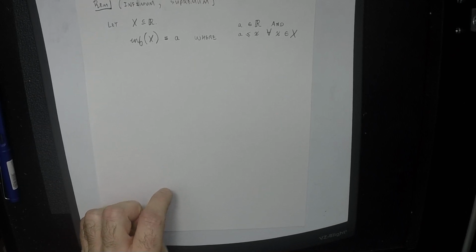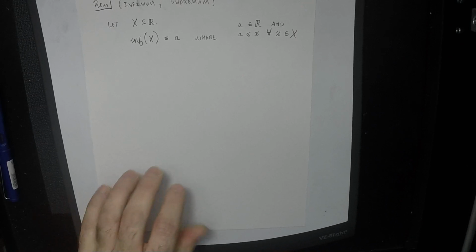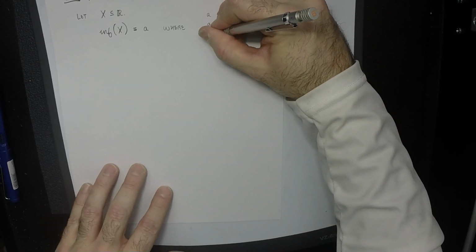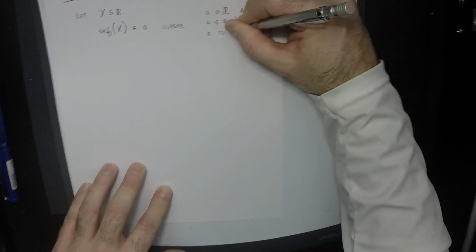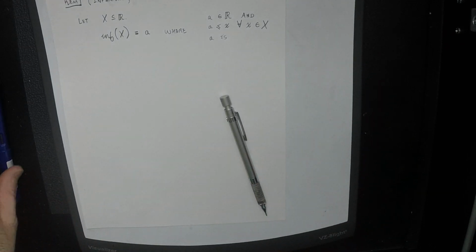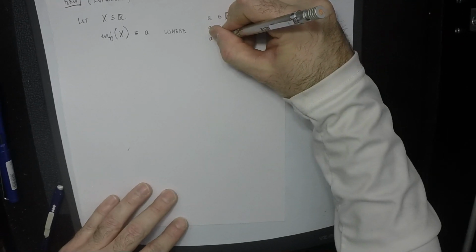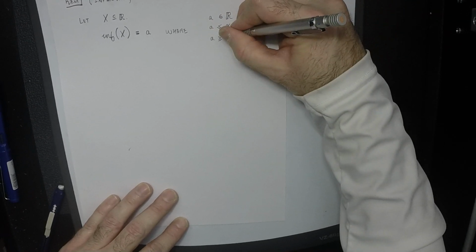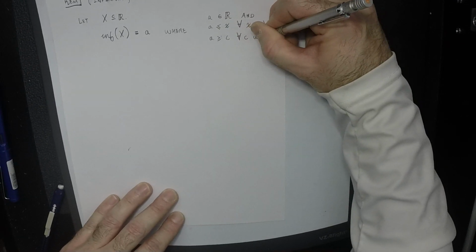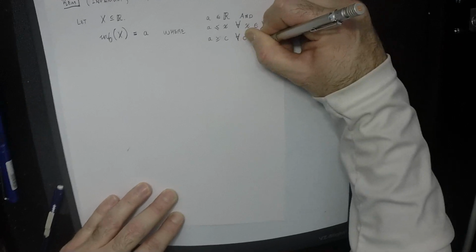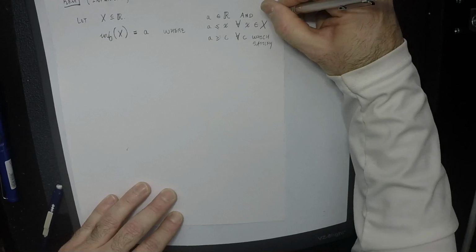A has to be greater than or equal to any such number. I'll say it like this: and A is the greatest. And A is greater than or equal to C for all C which satisfy the first two conditions.